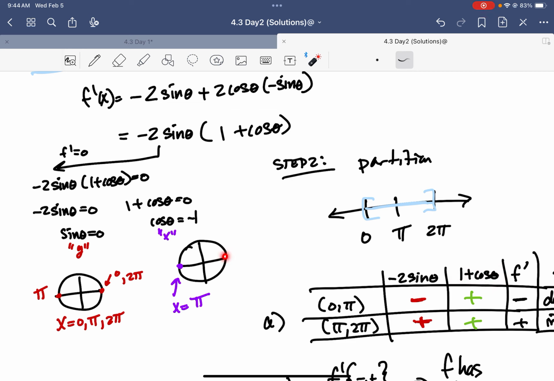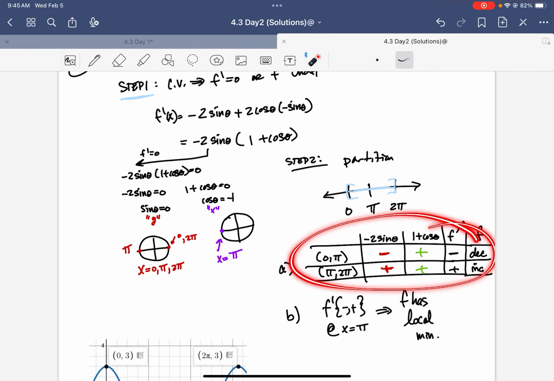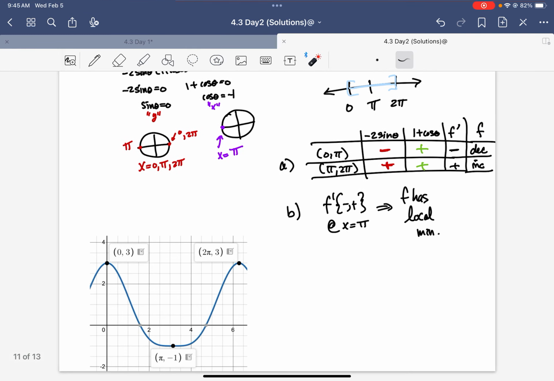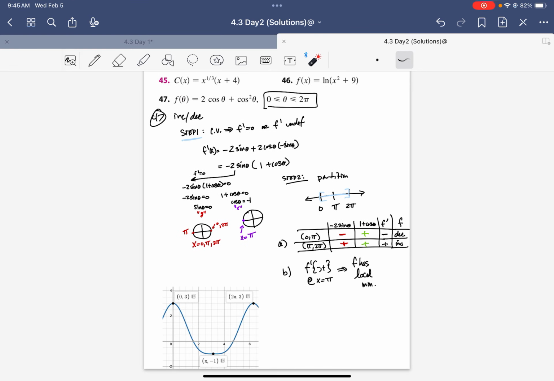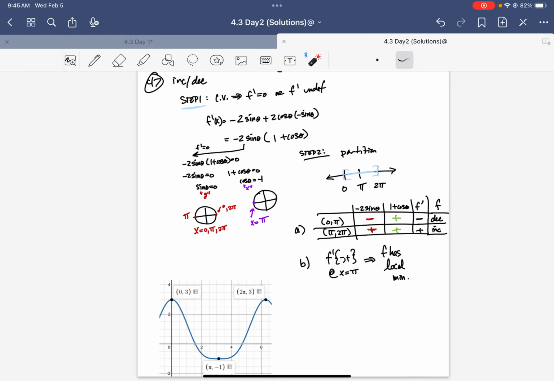Well, my cosine values are 1, 0, and then -1, so the biggest they ever are is 1 and -1. So if I take a -1 and add it to 1, I'm always going to have a positive value in here because you're never going to get bigger than a 1. So this times this gives us a negative, and that's why we're decreasing. That's the sort of conversation that we have to have to analyze that. We can also see it because I drew it down here. Okay.